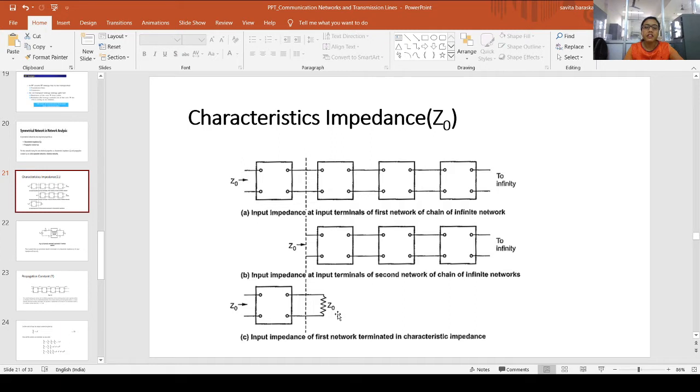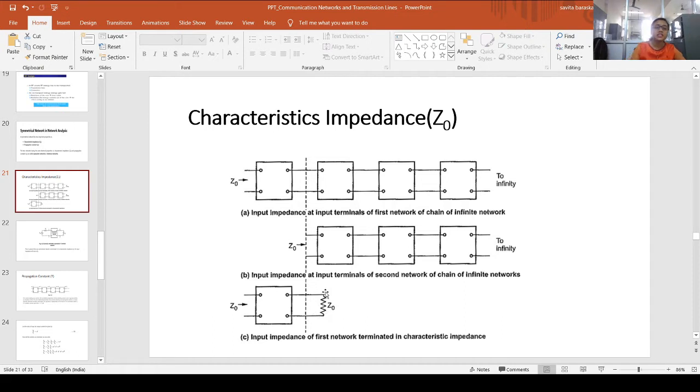As we have already discussed earlier, for a good transmission line the maximum power transfer theorem should be satisfied, meaning the input impedance should be equal to the load impedance. Here the input impedance is Z naught, the characteristic impedance of the line, and the load impedance is also Z naught.